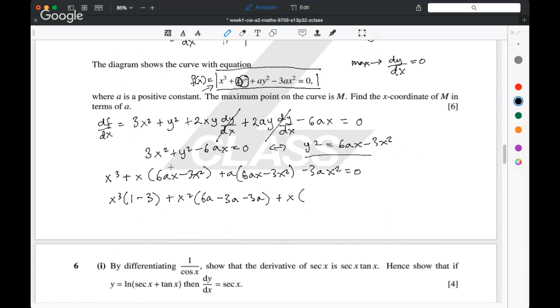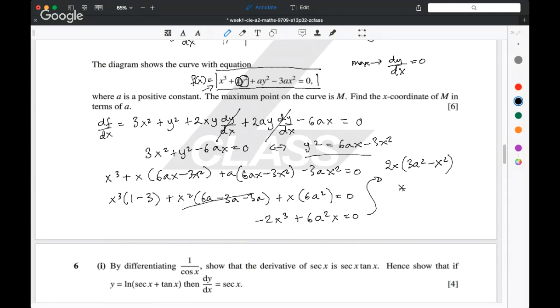Here's one, 6a squared, and there's no more. That's equal to 0. Now we see that this vanishes, it'll cancel out. So I got minus 2x cubed plus 6a squared x. And if I take a factor of 2x out, I get 3a squared minus x squared.